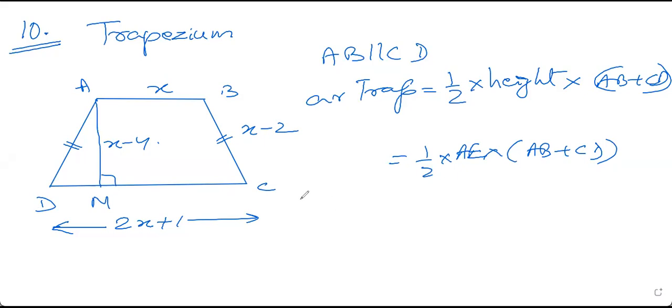So if we make an equation, we can write 33 equals to, if we write it in this formula, or I would prefer to write it in the other way. What will I write?